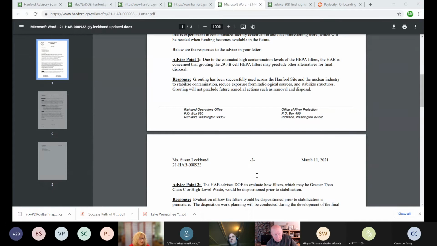I looked up policy online and in dictionaries, and I'm not sure that some of our advice would be considered policy level. I think it's good. It represents concerns that the HAB has, but concerns are not the same as policy level advice, I don't think. They can be, but not necessarily are.